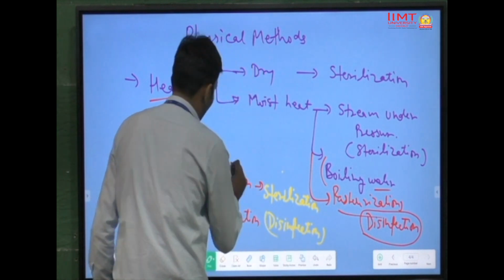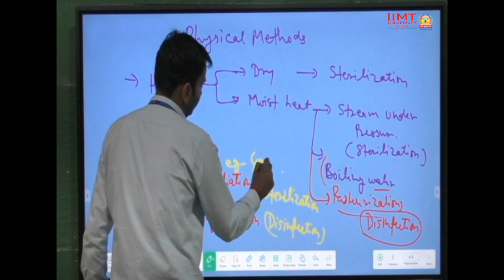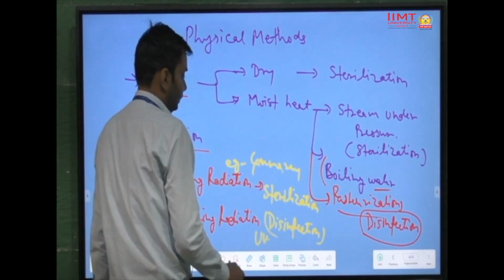An example we have already discussed: the ionizing one is gamma rays and the non-ionizing one is UV rays.